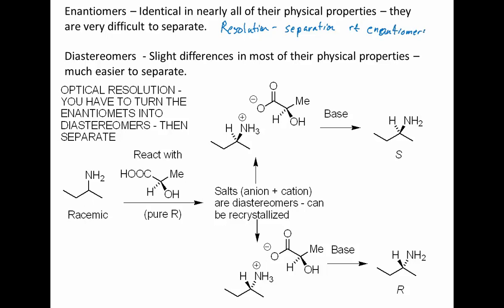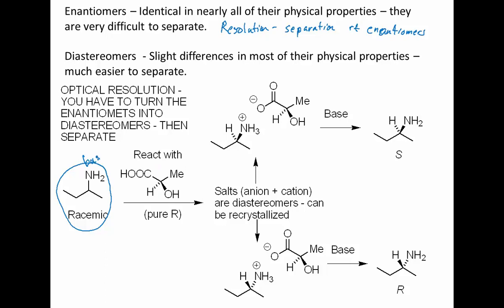And it's a very difficult operation to perform. Basically, almost every one of the resolution methods involves temporarily making a diastereomer. So let's say we have this simple amine here, racemic. This is actually fairly easy to resolve into individual enantiomers. What you would do is react it with this carboxylic acid.